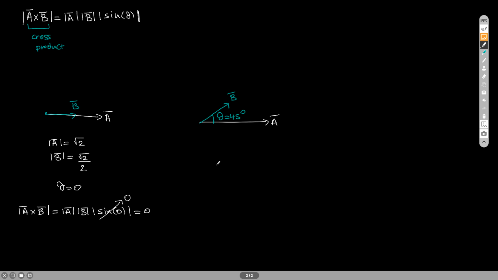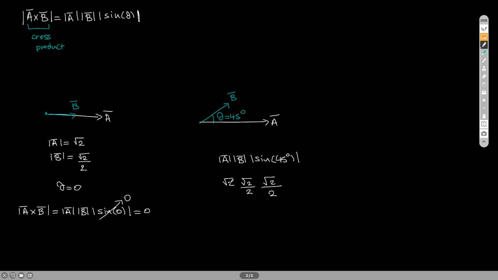So then I have the magnitude of A times the magnitude of B times the absolute value of the sine of 45 degrees. Here I use the square root of 2 times the square root of 2 over 2, and the sine of 45 degrees is simply the square root of 2 over 2.